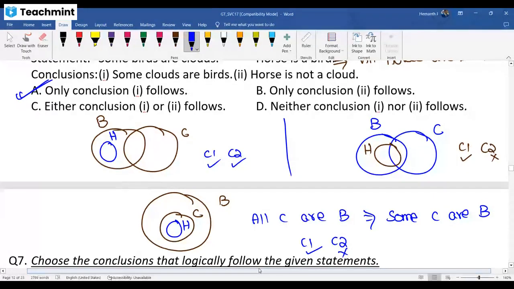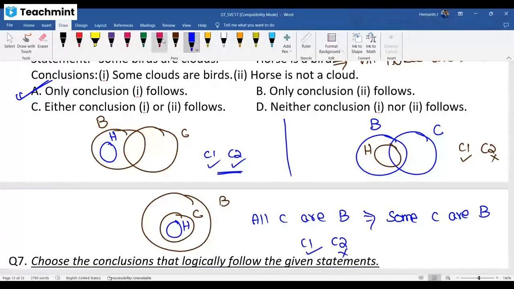When can I go for either or? When both are true, either or will not come, right? What is the meaning of either or? Some people are putting either or. When you have to put either or, first one is true and second one wrong. Here both are true, and when both are true, either or won't come. Horse is not a cloud means no horse is a cloud; they gave it in a different sentence here.